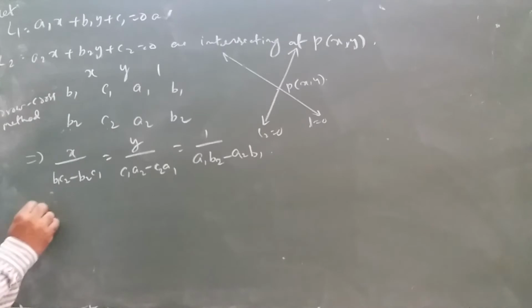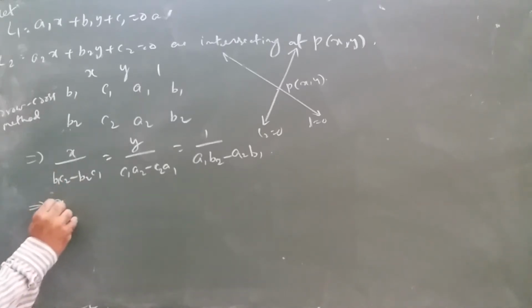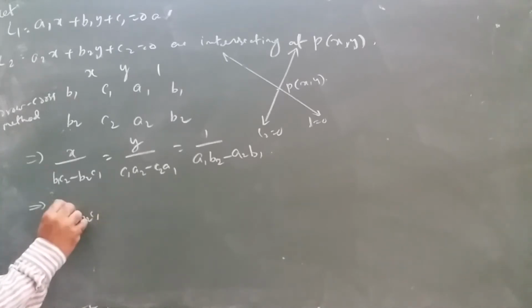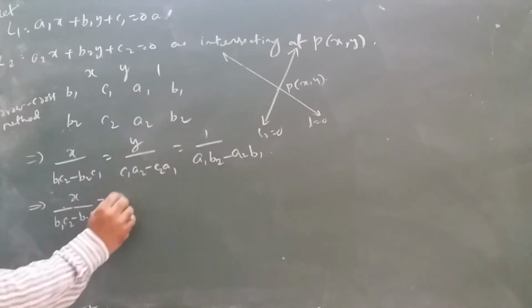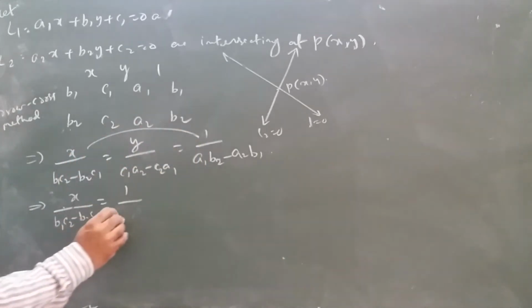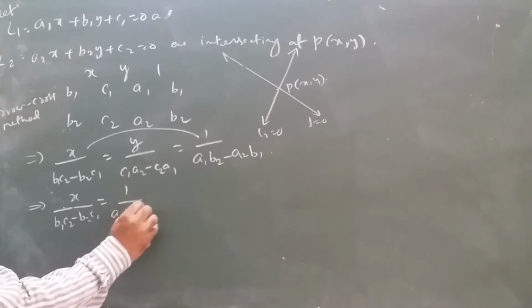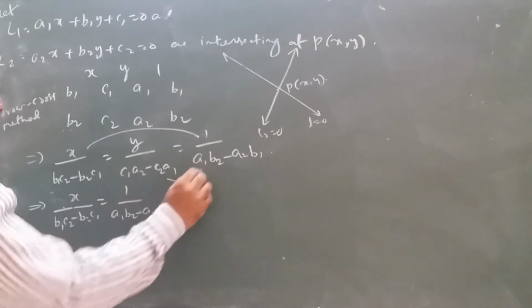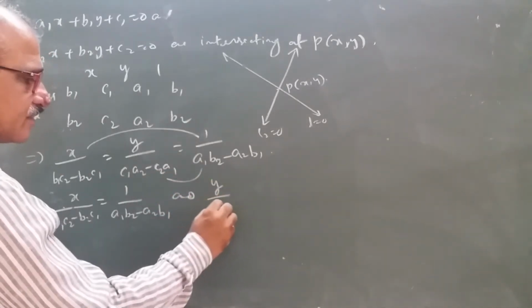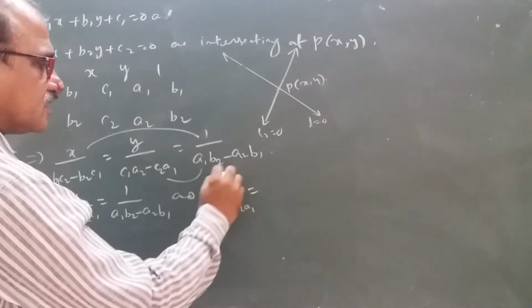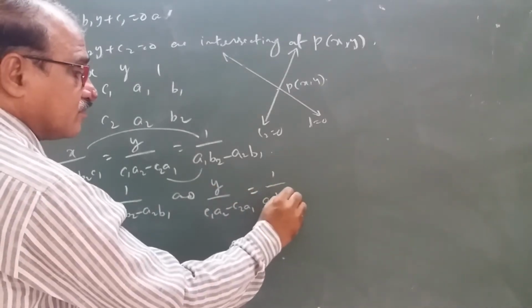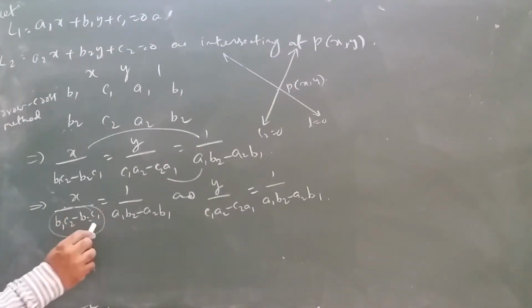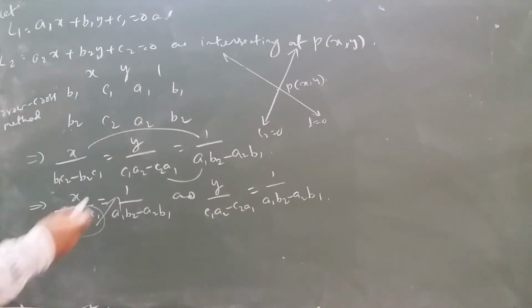Now, by taking x as subject, x by b1 c2 minus b2 c1 is equal to, from taking these two, 1 by a1 b2 minus a2 b1, and by taking these two, y by c1 a2 minus c2 a1 is equal to 1 by a1 b2 minus a2 b1. By bringing this denominator to the right side, it will multiply.